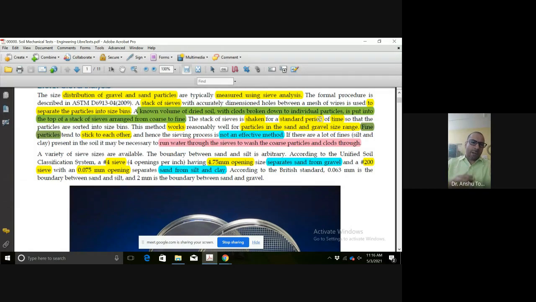Whatever is passing through each sieve comes down, and whatever is retained on that particular sieve stays, so that the particles are sorted into size bins. This method works reasonably well for particles in the sand and gravel range.